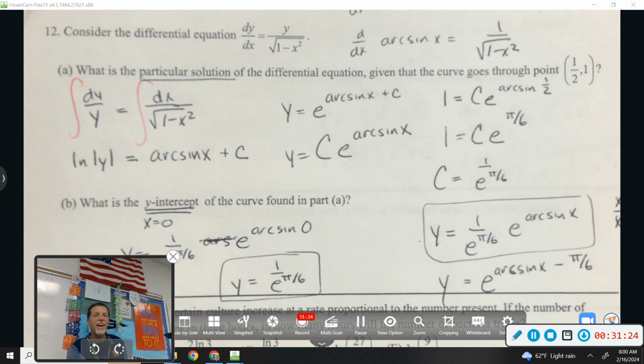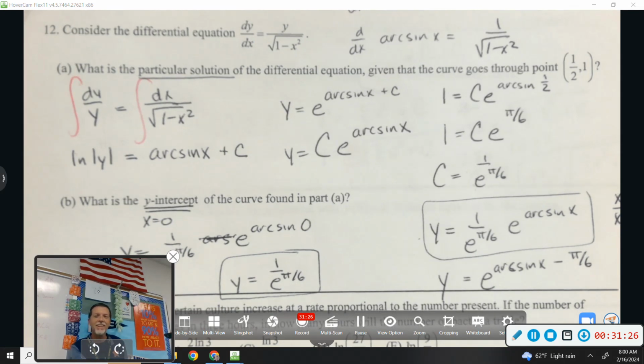Yeah, that's differential equations. Had to know the antiderivative that gets arcsine. Had to do a lot of algebra. Had to know a bunch of trig. Had more algebra.